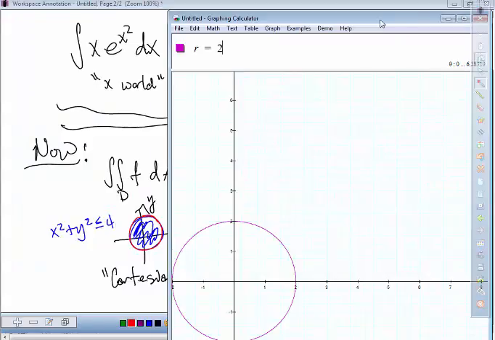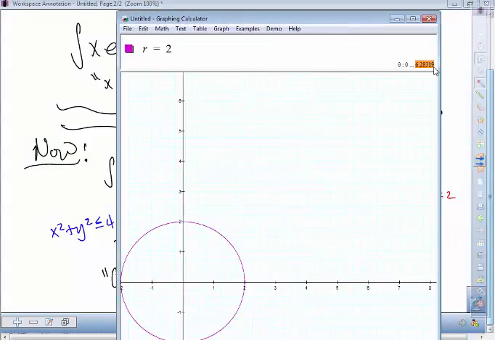What I'm trying to say is that if I say R is equal to 2, I can really be specific as to how far I want this to go around. Like say, if I just want this to go around halfway, then I would tell my theta where to go.